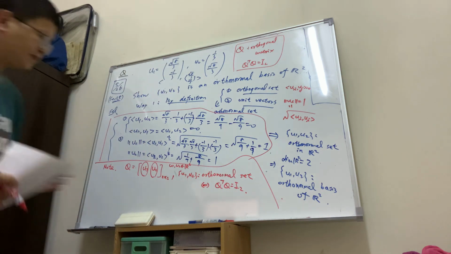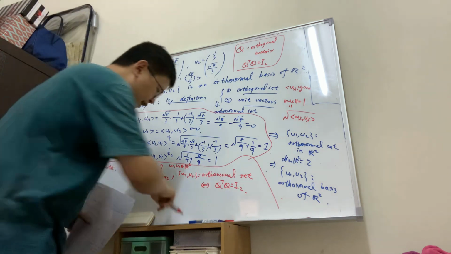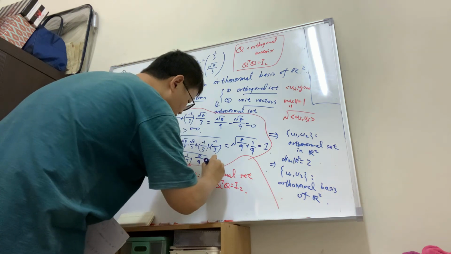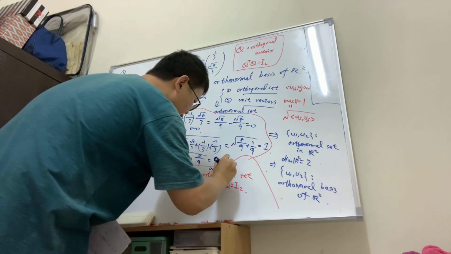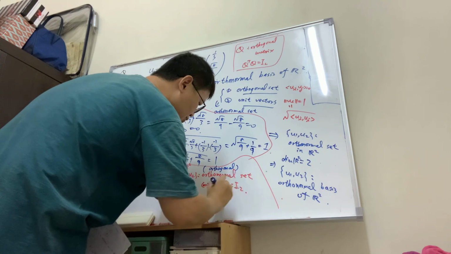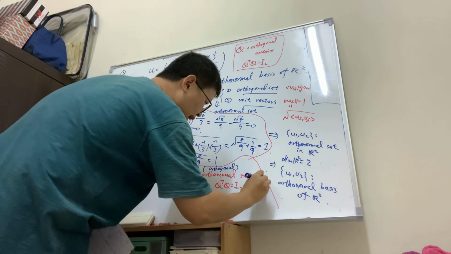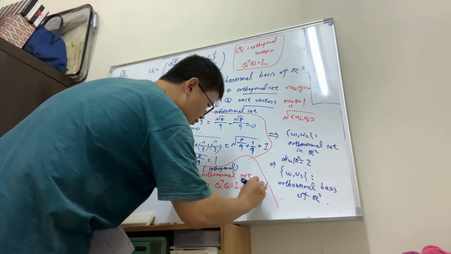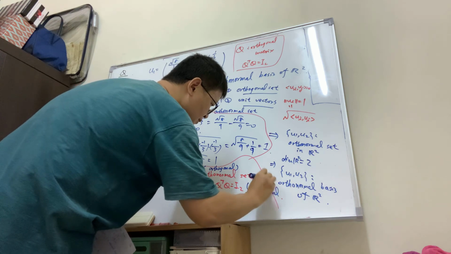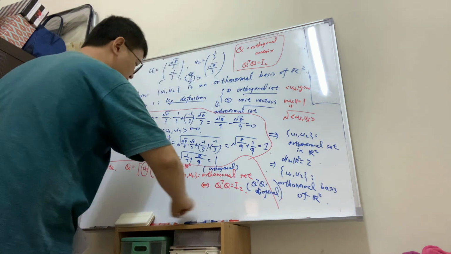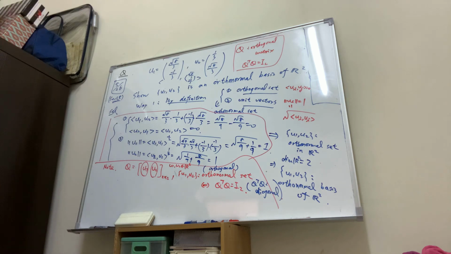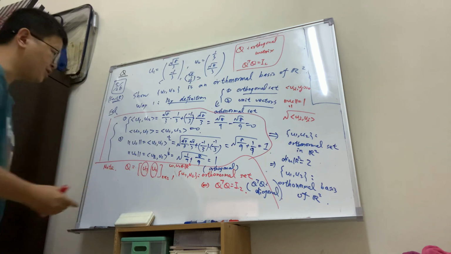But if they are just orthogonal, then Q transpose Q is diagonal. What we have shown is this one in our class. Anyway, now we will use this result.